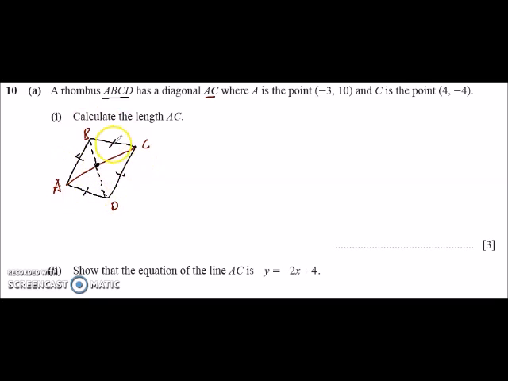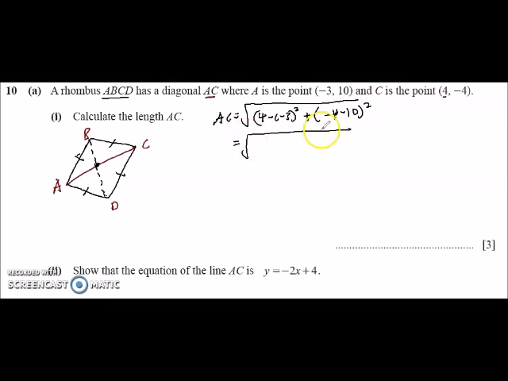Alright, so now we are going to calculate the length of AC by using the formula. AC is the square root of (4 minus negative 3) squared, plus (negative 4 minus 10) squared.